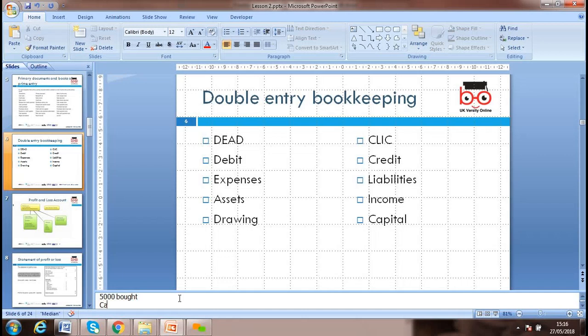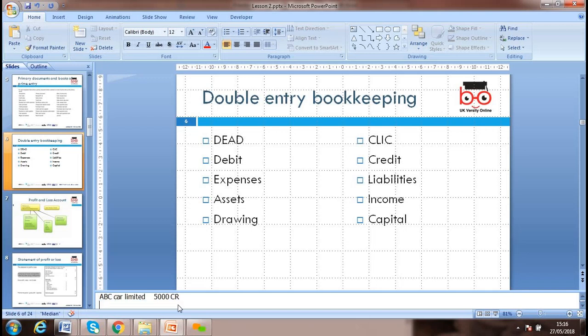Car will be debit 5,000, and we bought from ABC Car Limited, but we did not make any payment. So we do credit 5,000 as well. So double entry means the debit side should be equal to the credit side. Does it make sense?